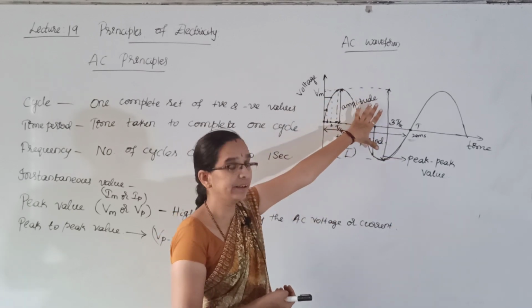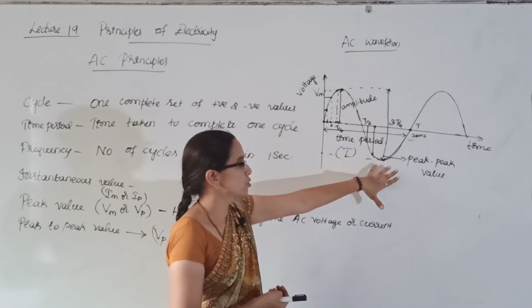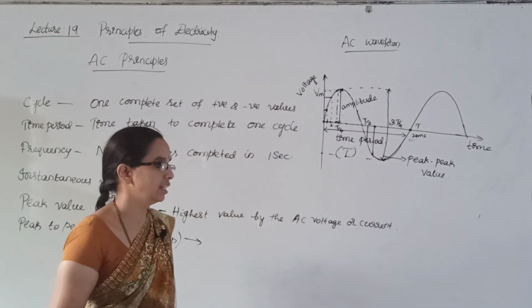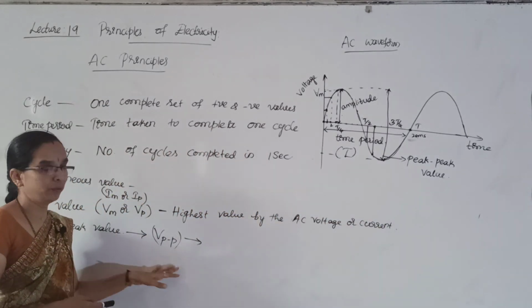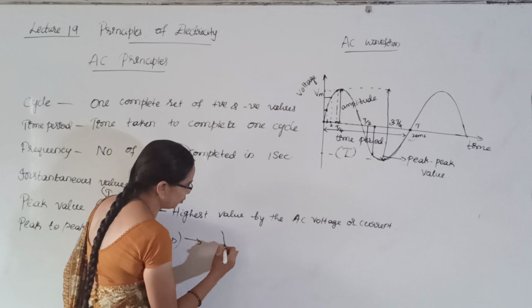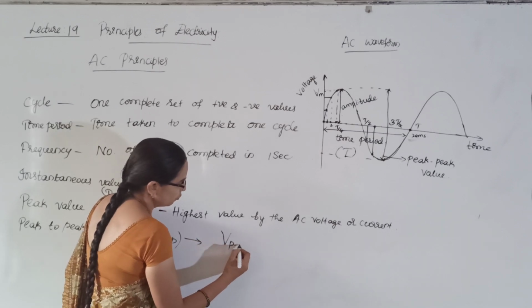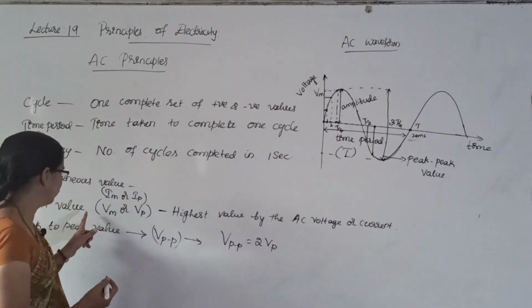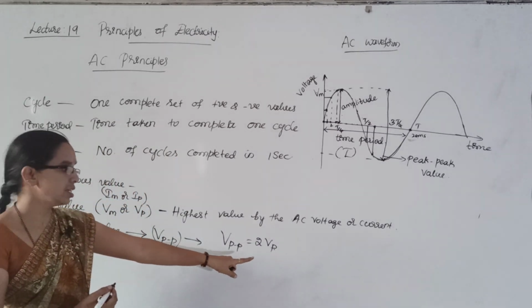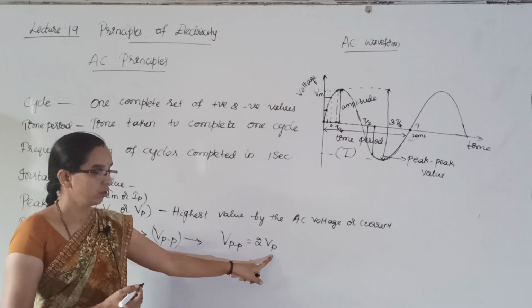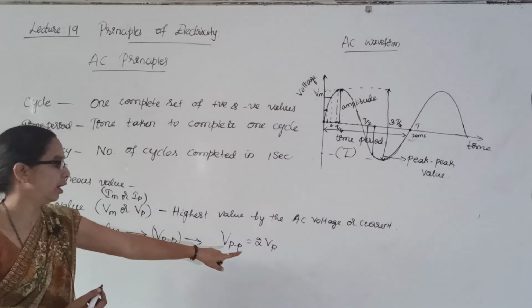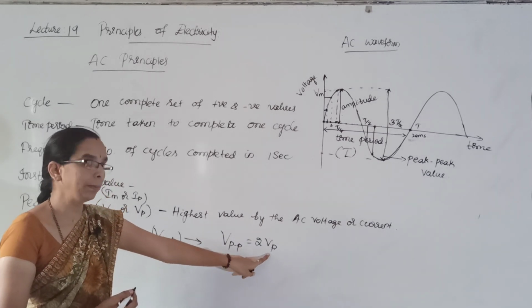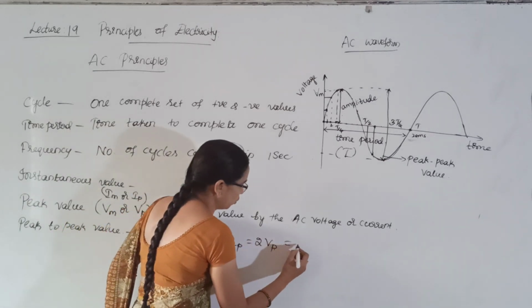You can also call it the maximum voltage or current attained in both the positive and negative half cycle, or the height between the positive peak and the negative peak. So if you find the peak to peak value, Vpp is equal to 2Vp, where Vp is the peak value. If you know the peak to peak value, you can easily find the peak value. Or it is 2Vm or 2Vp, however you call it.